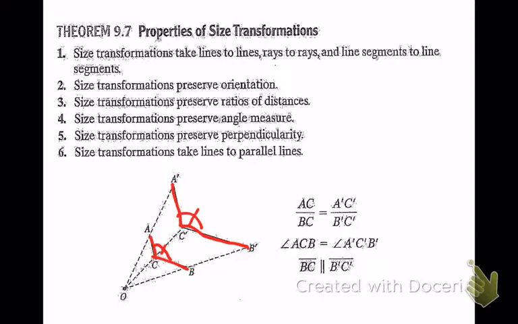And with this last part, size transformations take lines to parallel lines. That's saying if we have BC here and we do this transformation, then B prime C prime will be parallel to it. AC will be parallel to A prime C prime. Right, got it?